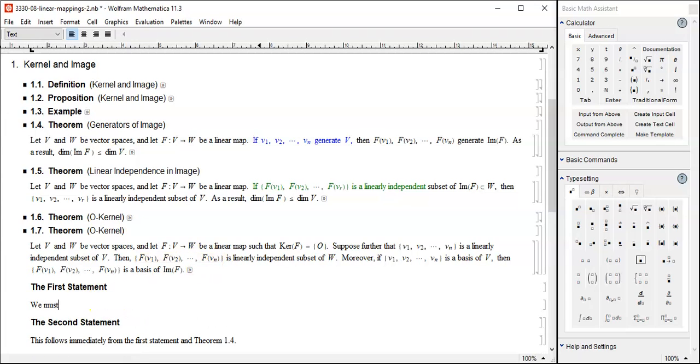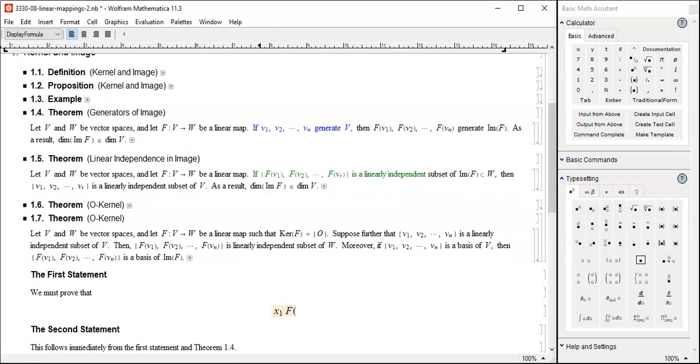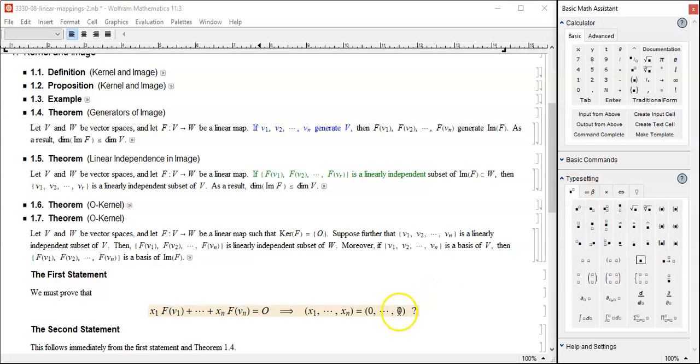So if x1 f of v1 plus and so on adds up to the zero vector, then all the coefficients must be zero as well. And that's what we have to prove.